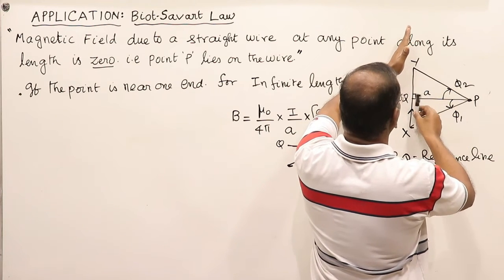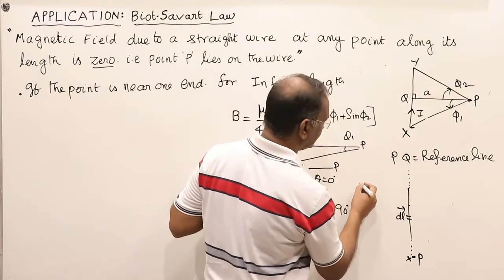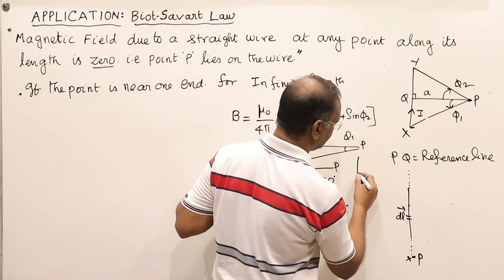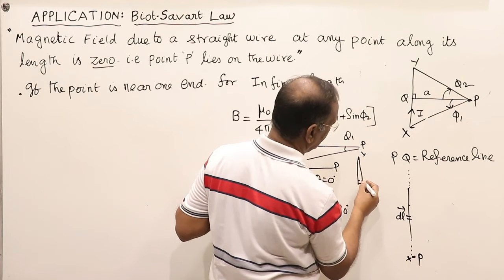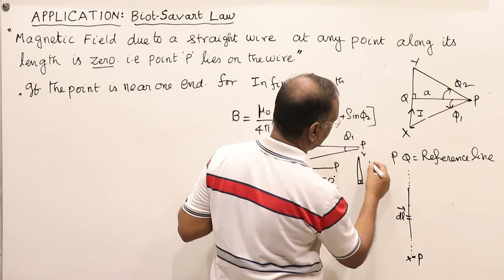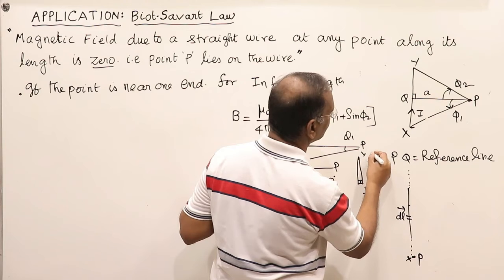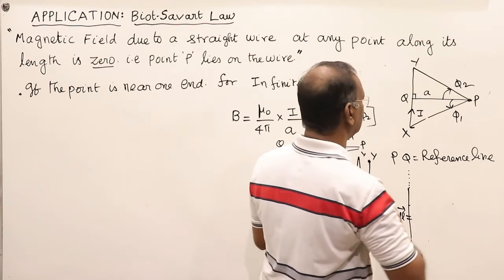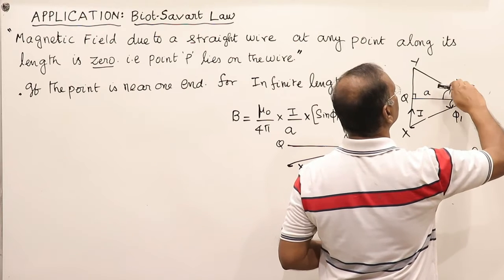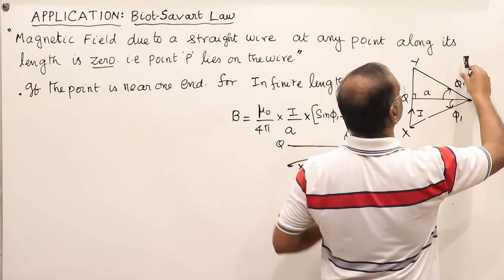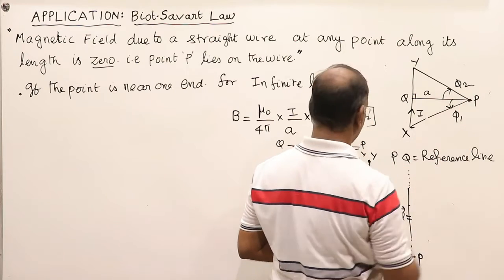Since we join the Y side and it has gone to infinite length, the angle will be almost 90 degrees. When it is increasing, this angle phi 2 will keep increasing, and since it is infinite length, it will keep moving up, so this angle will become 90 degrees.